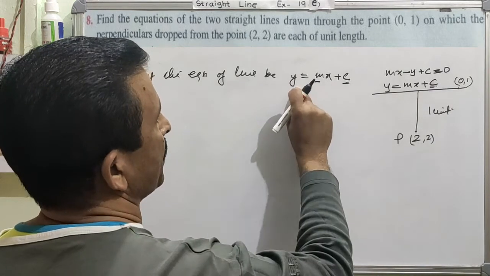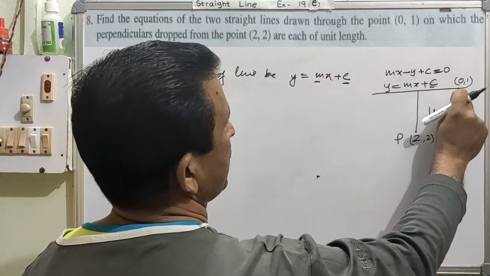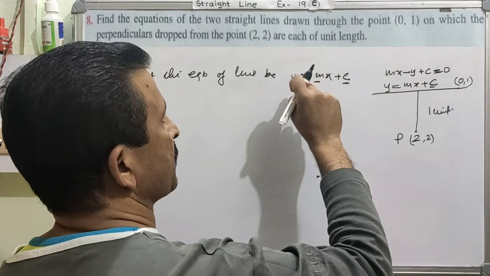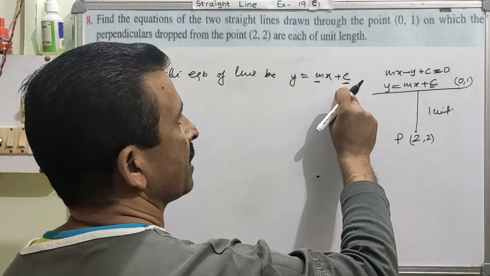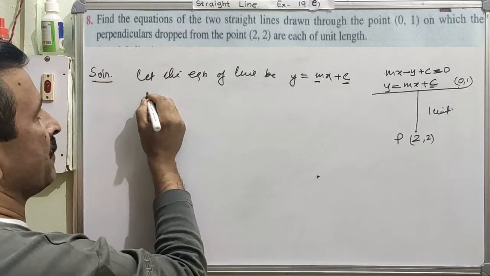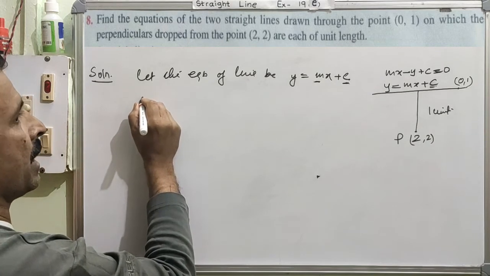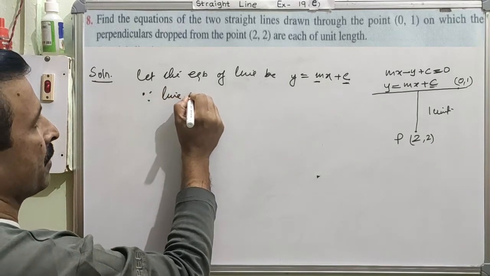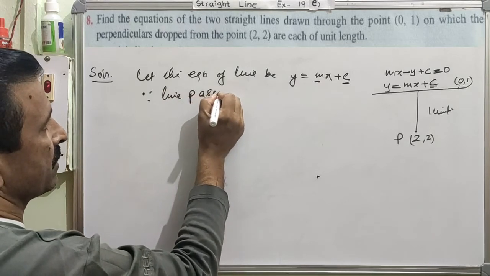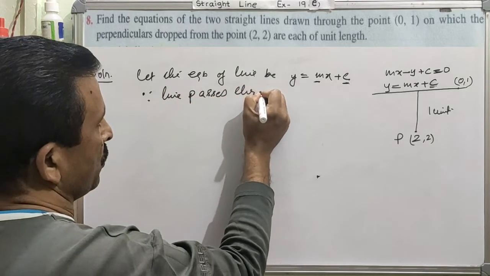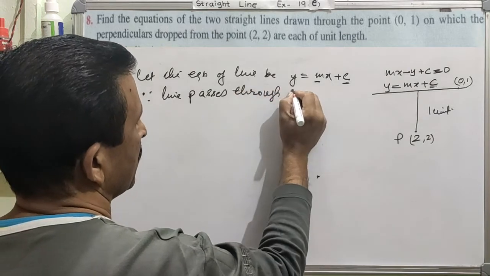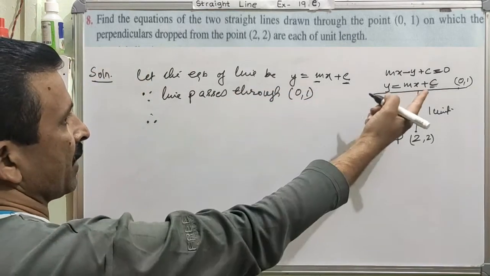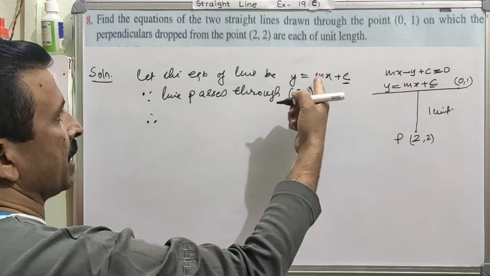First of all, because this line passes through this point, therefore this point will satisfy this equation. Clear? So we can say since the line passes through (0, 1), we can put the value of x, that coordinate, in the equation.